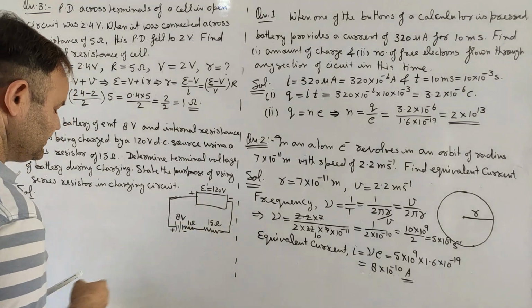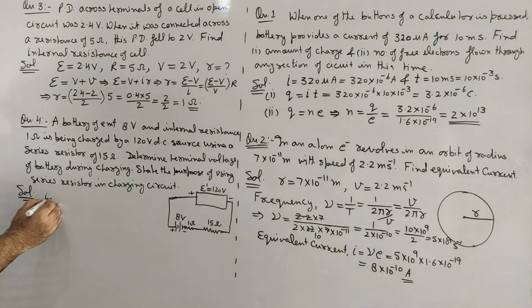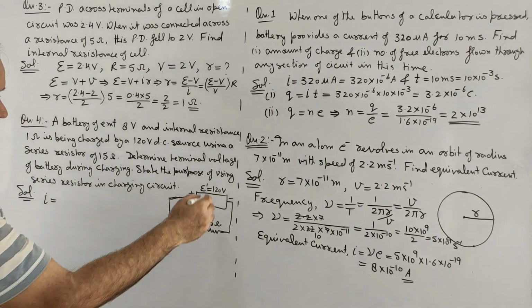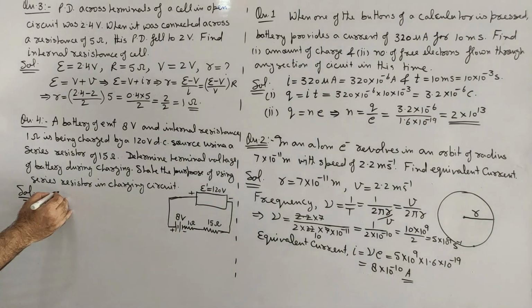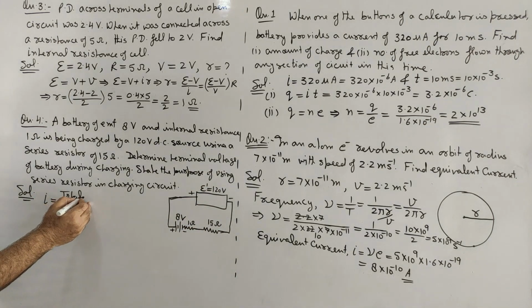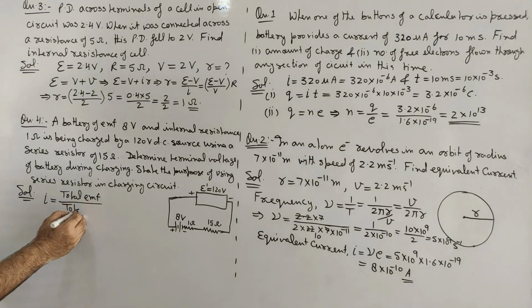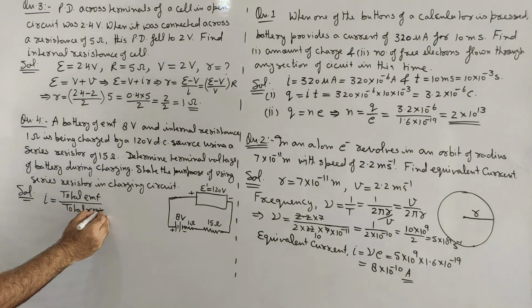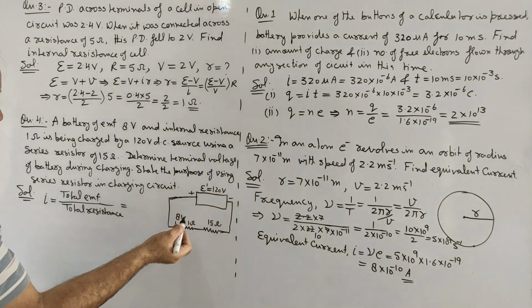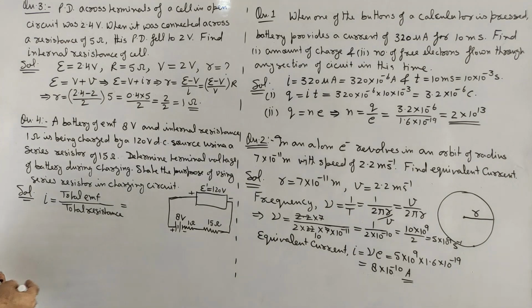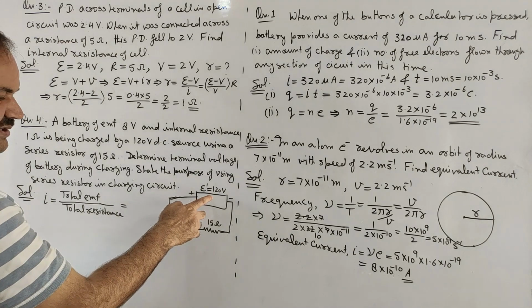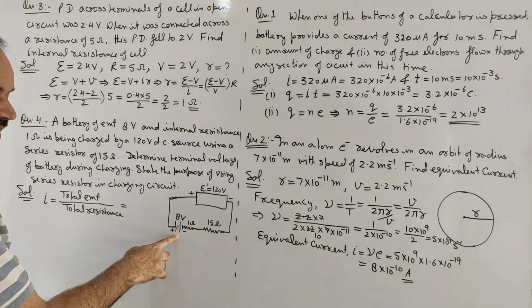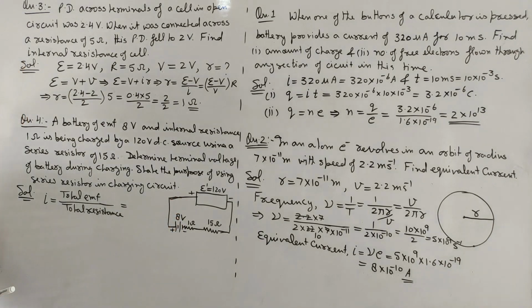So first we will calculate how much current will be provided by the charger to the circuit, and current is equal to total EMF upon total resistance. This time the total EMF of the circuit is E dash minus E, that is, EMF of charger minus EMF of battery, because both are connected in opposite sense.